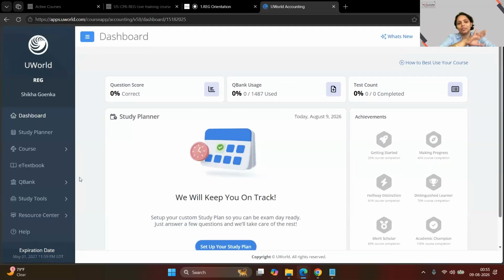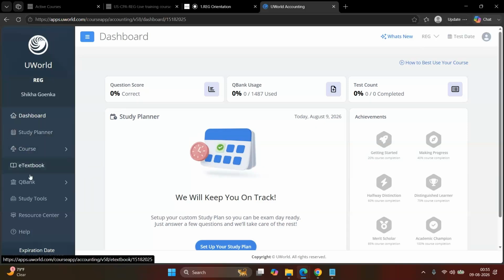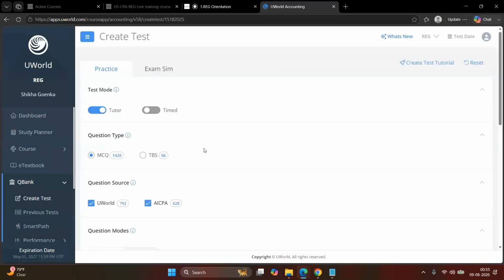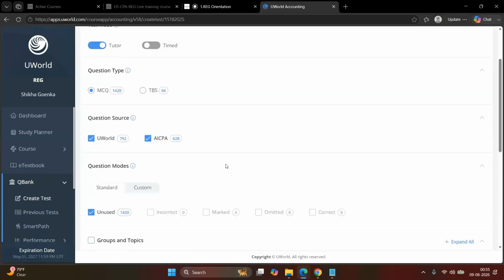You guys who are taking UWorld for the first time, just see how to navigate. If we want to create a test, I mean, if we want to solve MCQs and SIMs, this is the area under question bank. We can simply click on create test. If you want to solve MCQs, just select the option for MCQs.